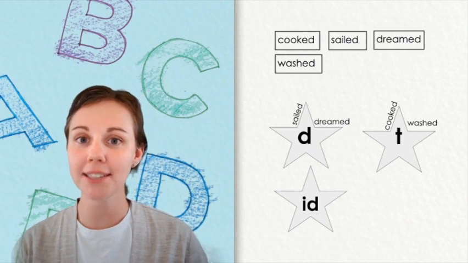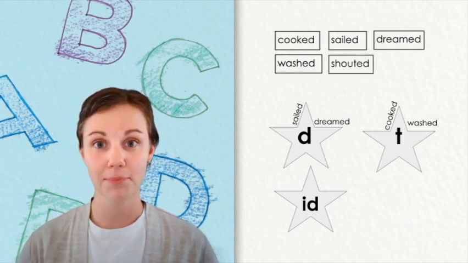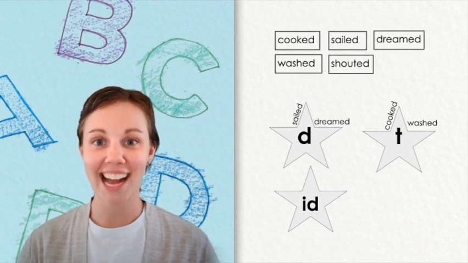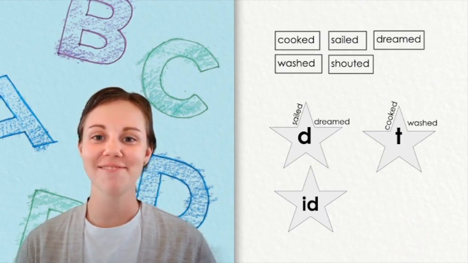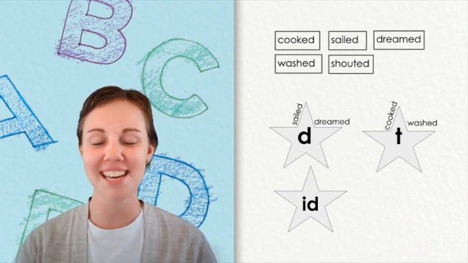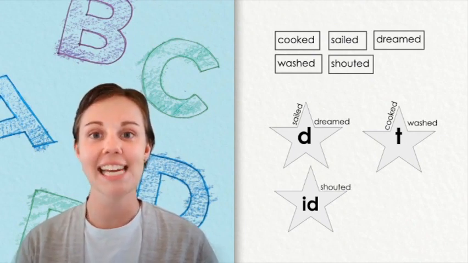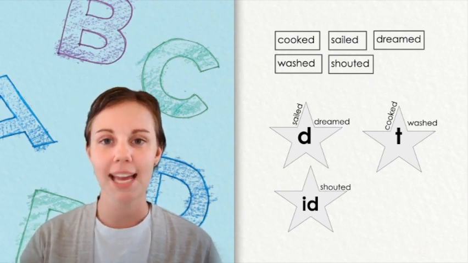Couple more words. Try this one. What does it say? I see our OU pattern. Shouted. Yes, shout-id. We hear that id sound for the suffix on that word.